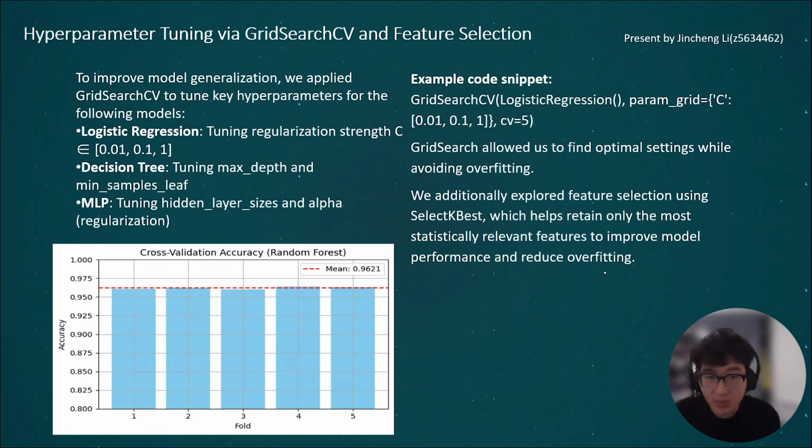We additionally explored feature selection using SelectKBest, which helps retain only the most statistically relevant features to improve model performance and reduce overfitting. As you can see in the picture, we used 5-fold cross-validation and selected F1 score as the main evaluation metric. Advanced models like Random Forest, XGBoost, and LightGBM were tuned via their internal optimizers and default configurations.